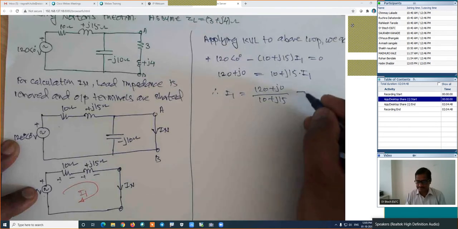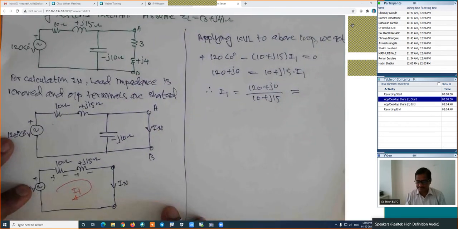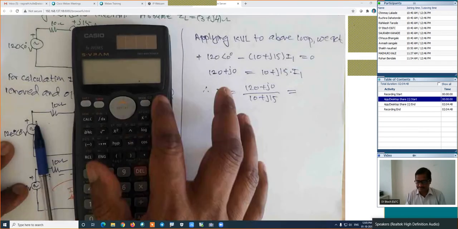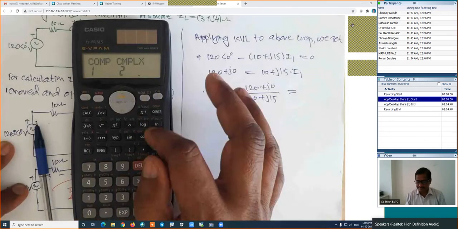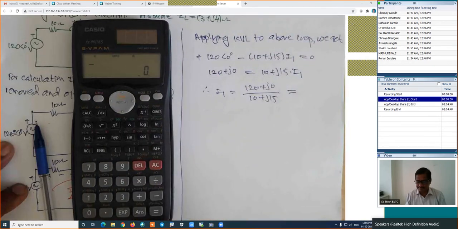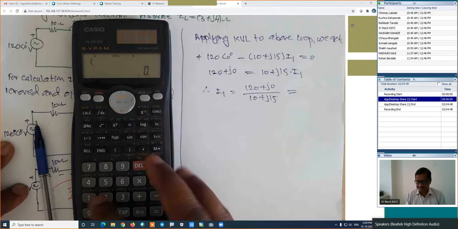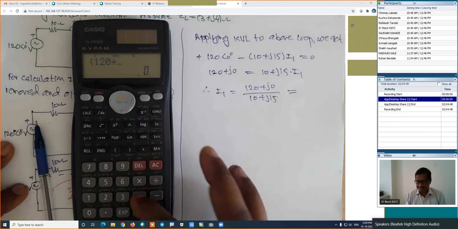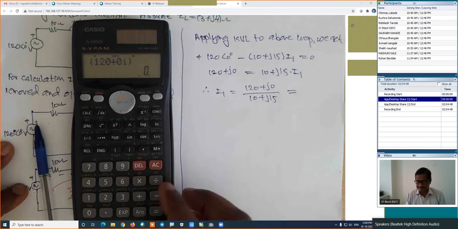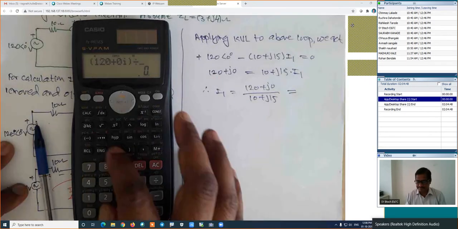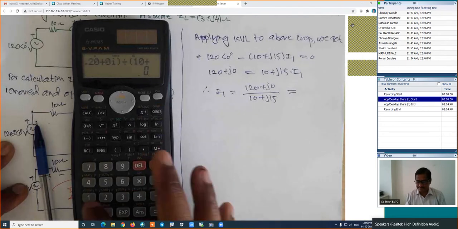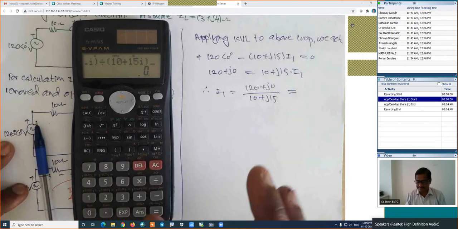Find out this current. I will shift the calculator to complex mode. This is mode, complex. I will press the 2 button. Now it is in complex. The first value is 120 plus 0i, and we don't need to write the 0i, divided by bracket start, 10 plus 15i, close the bracket, and press equal.